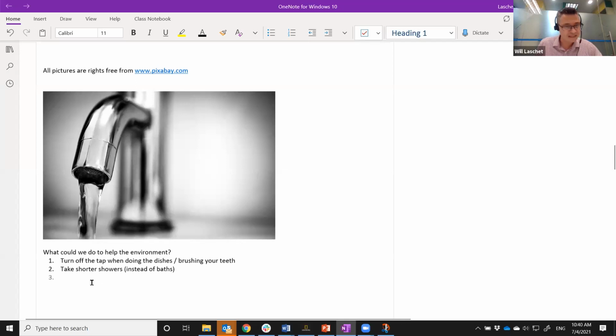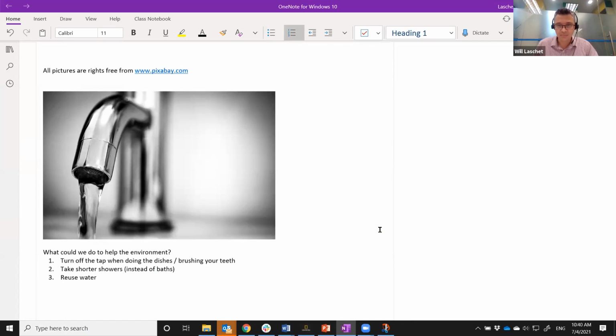Reuse water. Yeah, reuse water, right. So maybe after you've used the water for something, maybe you've just been rinsing your plates or whatever, you could save that water and use it to water your plants, as long as it doesn't have soap in it. What else could we do? Use some buckets to collect water. There we go. Some great ideas here.